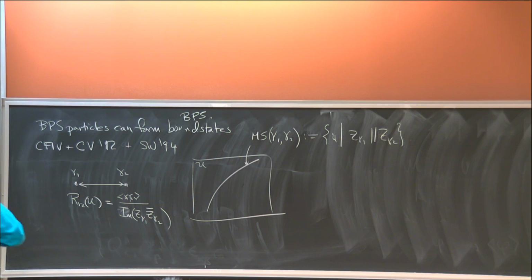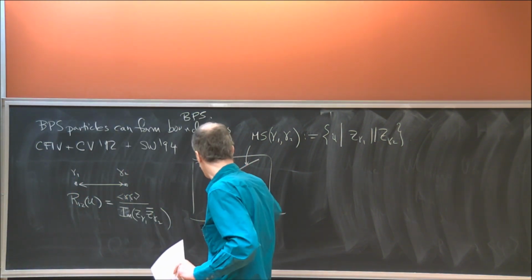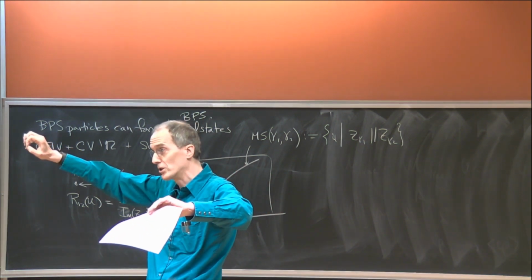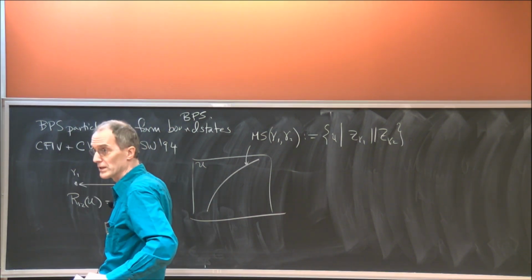So my feeling is that this is good even in a strongly coupled theory, if I'm going close to a wall of marginal stability where this radius is very large. I could imagine one of these is very heavy and one of these is very light, and study this as a probe particle.